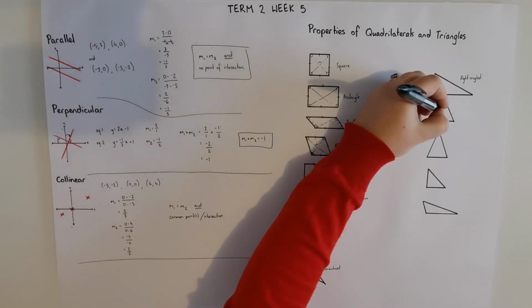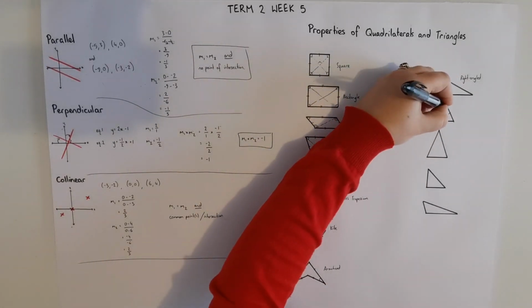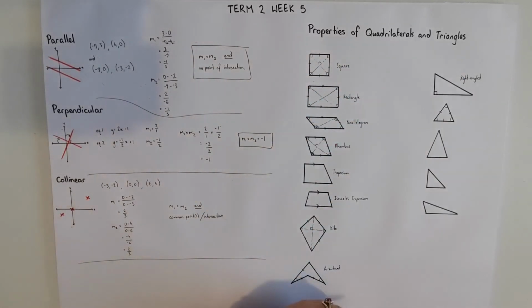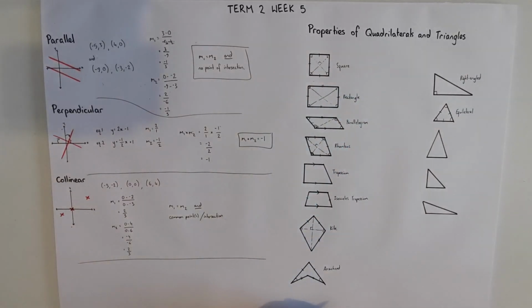Second one. These lengths are all the same. These angles are all equal. Must be an equilateral triangle. Now, of course, in coordinate geometry, we haven't focused so much on actually calculating angles.